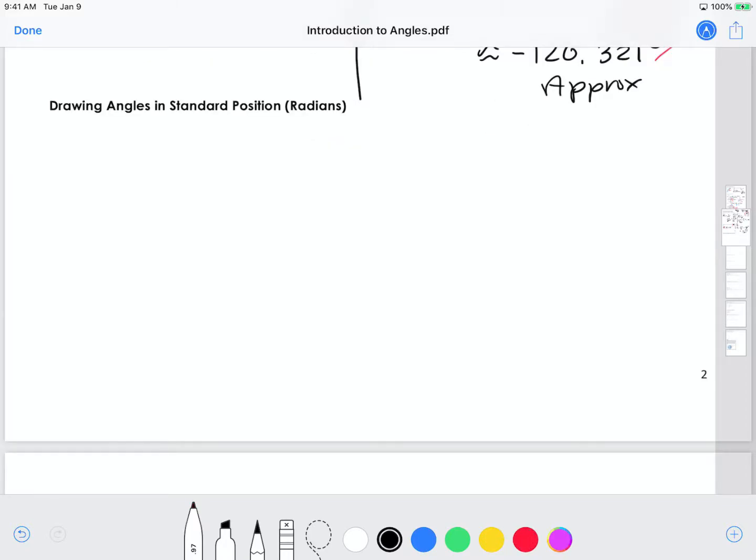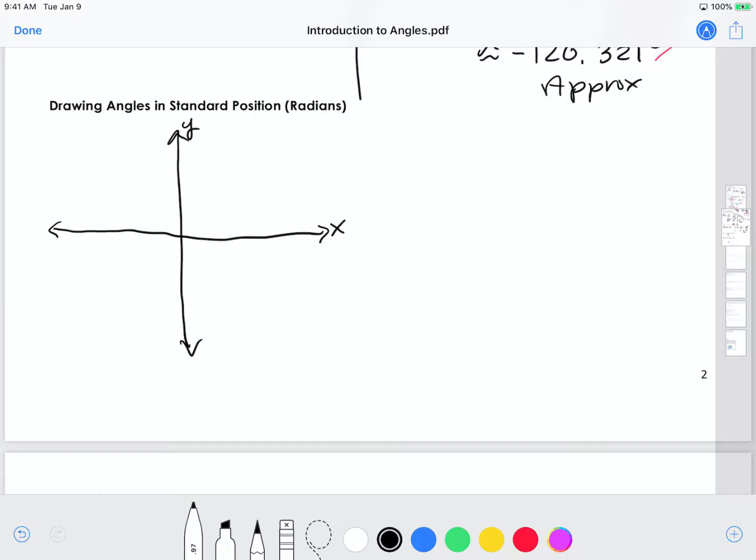Now, drawing angles in standard position. If this is my X and Y axis, I can draw angles however I want, as long as I have two rays, they're connected at a vertex where their two endpoints overlap.